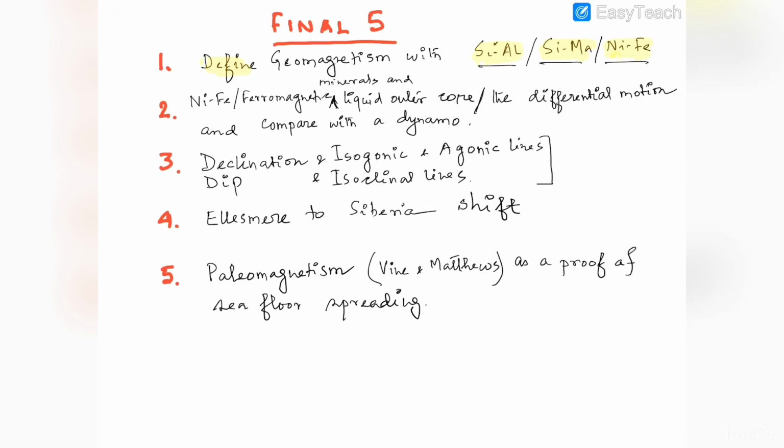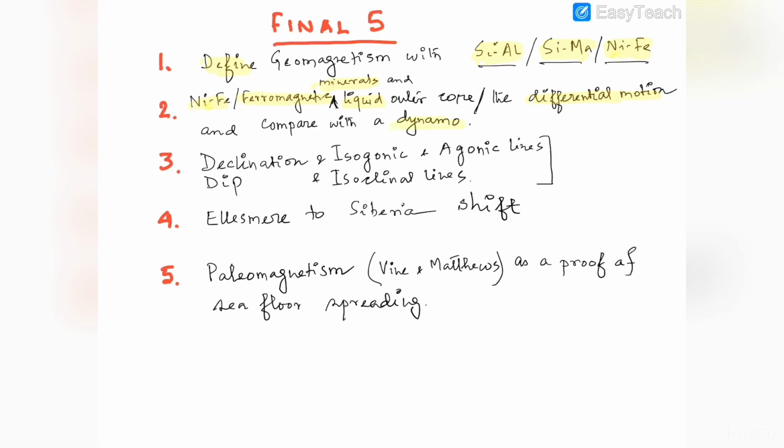Now when you know that Nife is at the core, then try to relate this Nife and other ferromagnetic minerals. I gave examples, you remember, olivine, etc. So you relate Nife, ferromagnetic mineral, and the liquid outer core and the differential motion between these layers to geomagnetism. Okay, and then say that this is like a dynamo.